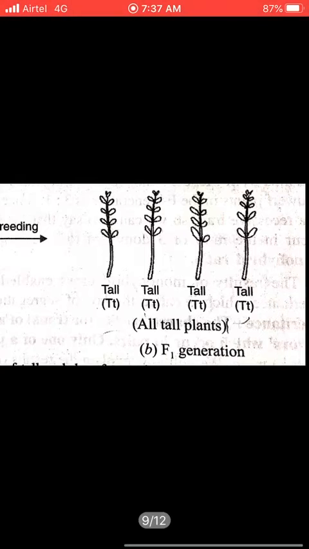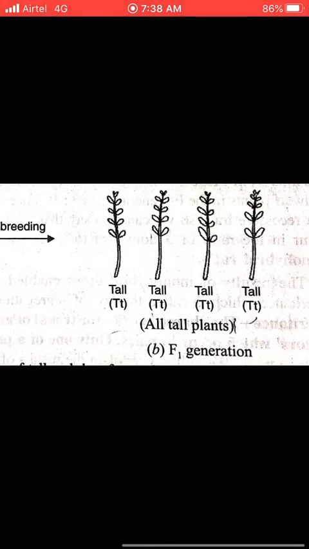Because in every plant the trait capital T is there. Yes, it is there. This shows that if the dominant trait is there, then the plant will look dominant. So it will express the dominancy. Hence all plants are tall. Okay, this is the F1 generation.